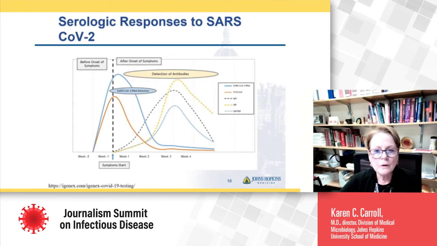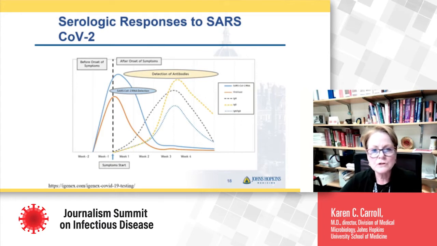So I think all of you have probably seen this diagram. Basically, it shows you that individuals can be detected by nucleic acid amplification tests several days before the onset of symptoms and robustly for the first week after the onset of symptoms, and then test positivity drops off.